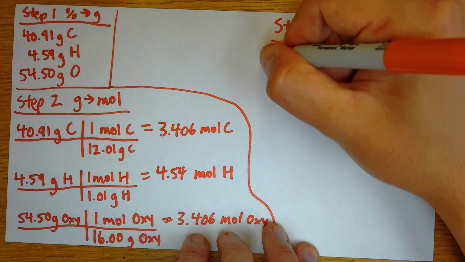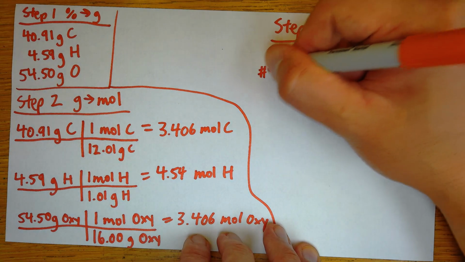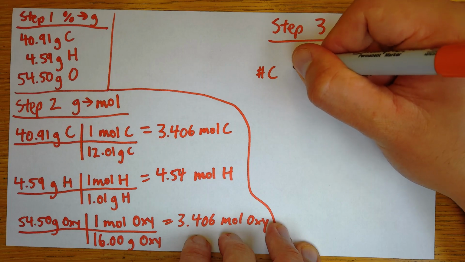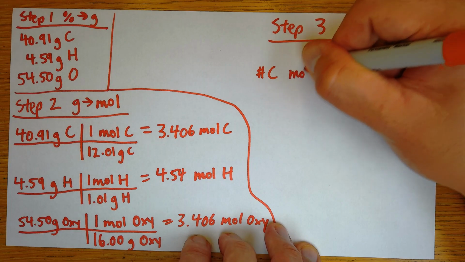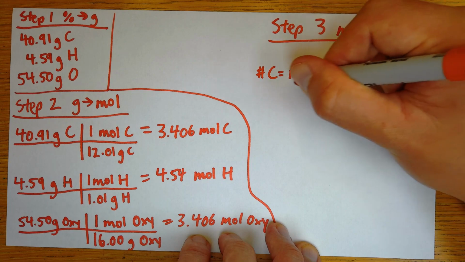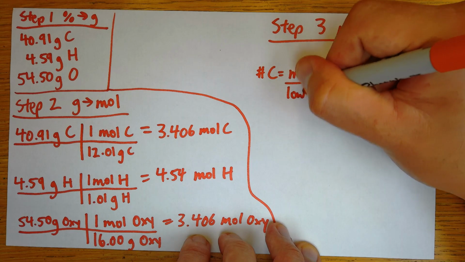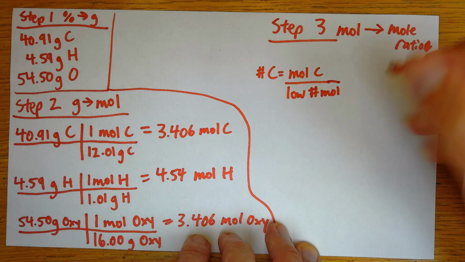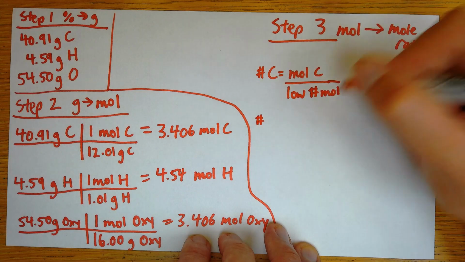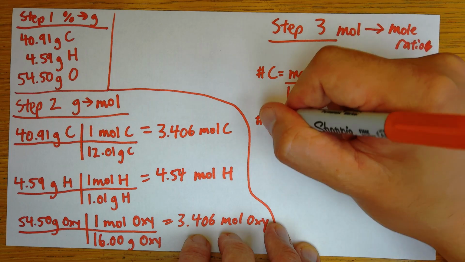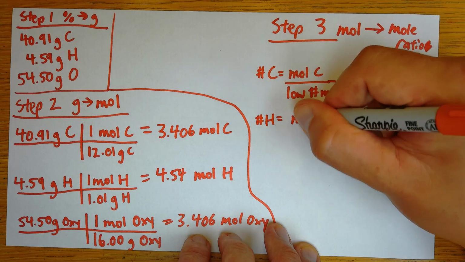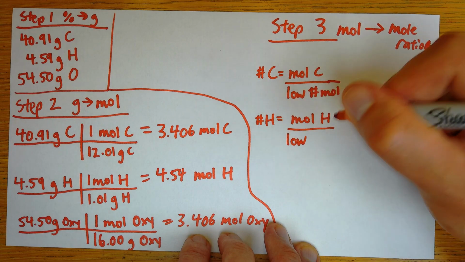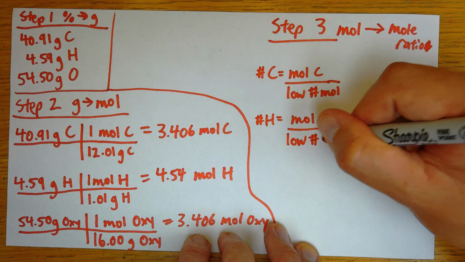All right, so for our number of carbons, divide by our lowest mole number. Number of hydrogens will be our moles of hydrogen, divided by our lowest number of moles.